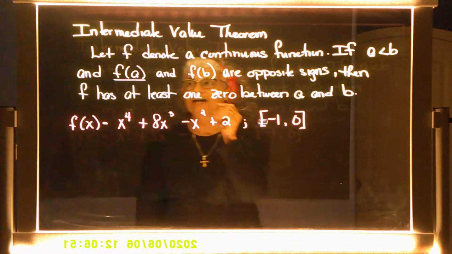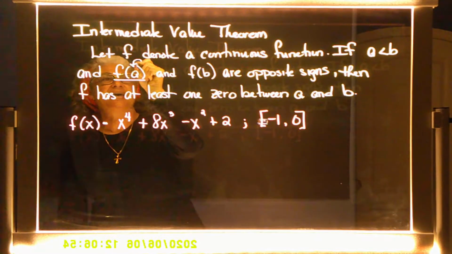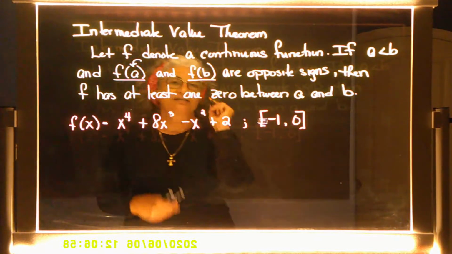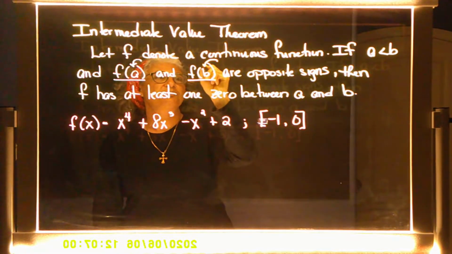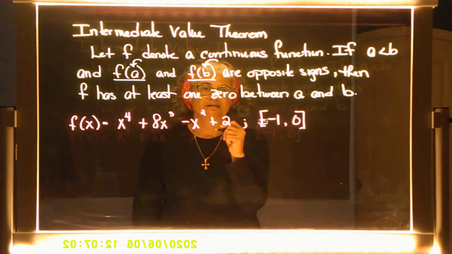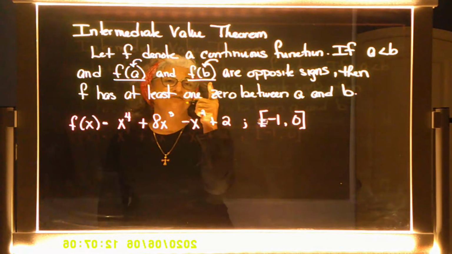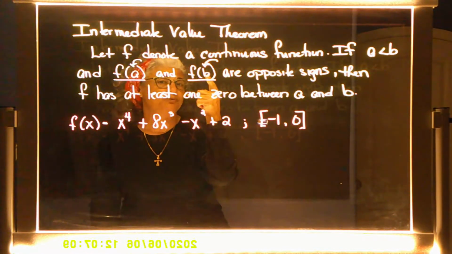It is a y value when you plug in a. And f of b is also a y value when you plug in b. Got it? F of a is a y value when you plug in a. F of b is also a y value, but when you plug in b.